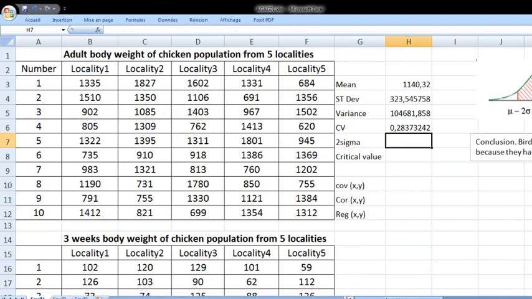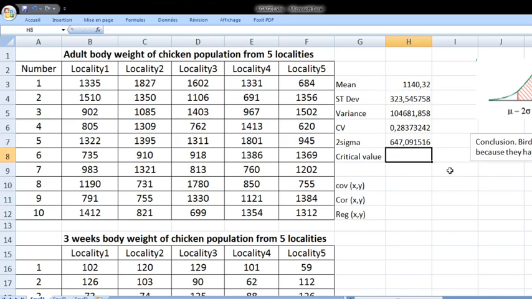Fine. Now let's come back and estimate our 2 sigma. So I have equal and then 2 times sigma, that is the standard deviation sigma, and then I validate.